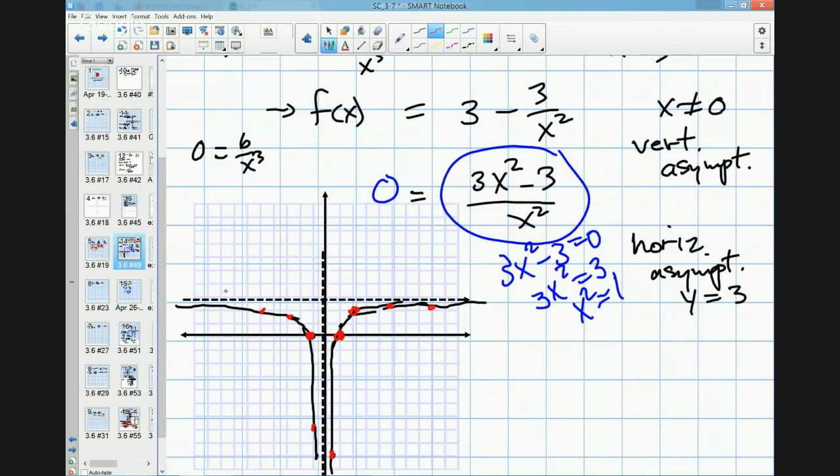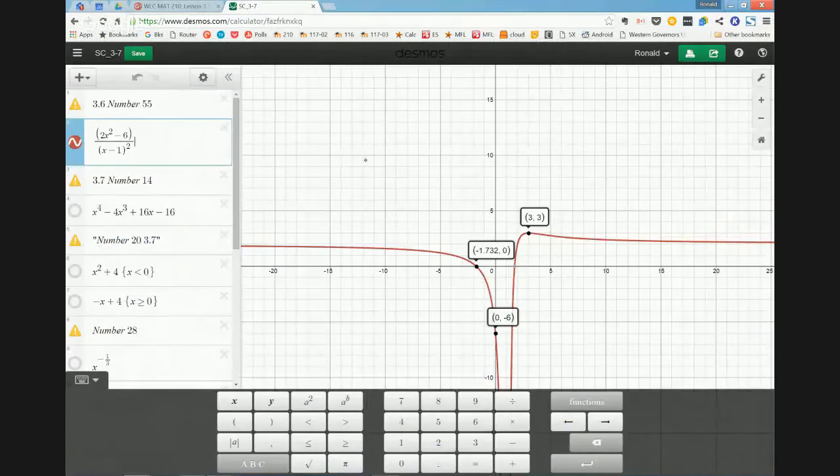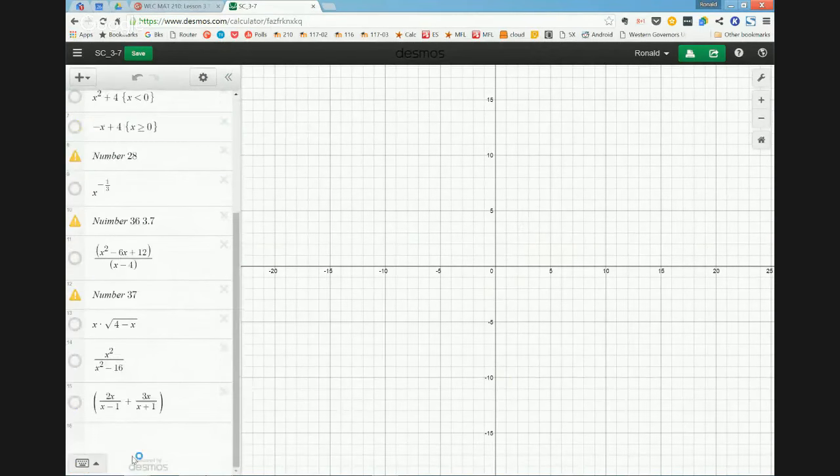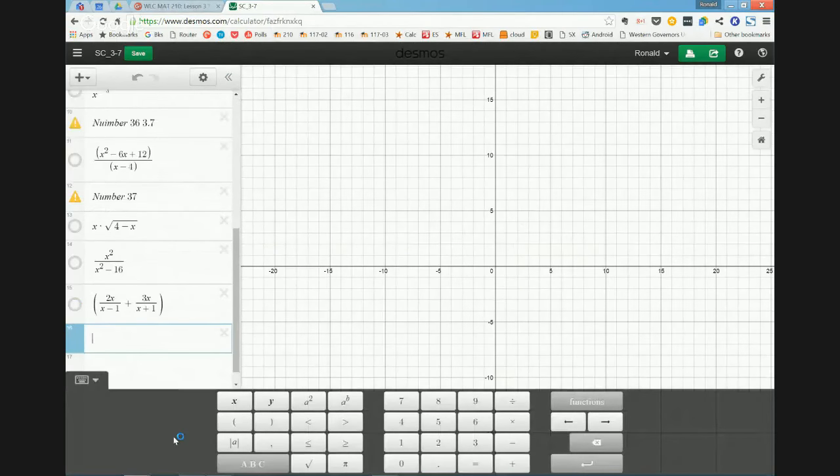All right, let's now take a look at the overall graph. What was this? 49. So we'll go back. Let's erase that one. Okay, and what was 49 again?